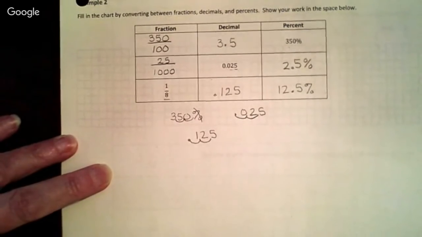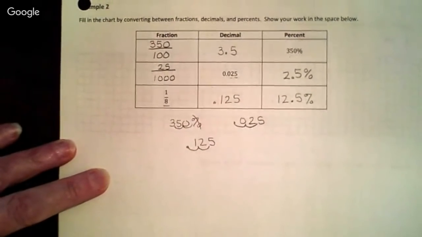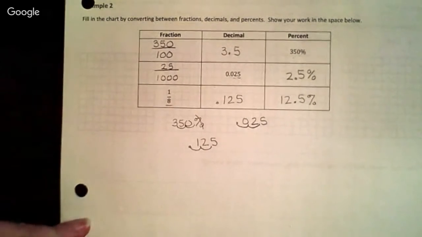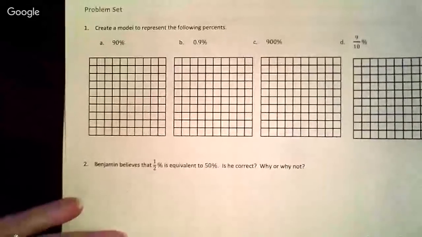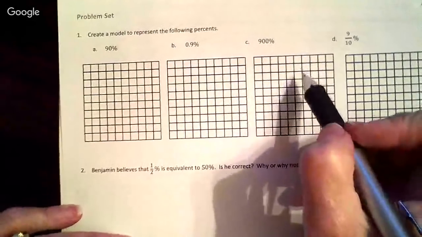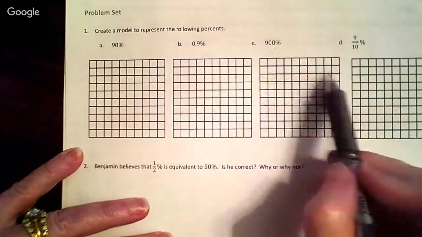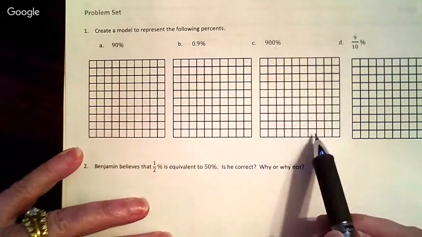Now, for your homework, in class I corrected this, so I am going to correct it here as well. When you turn the page for your homework, if you notice on 1C, it has 900%. There's no way you can show that on this grid.